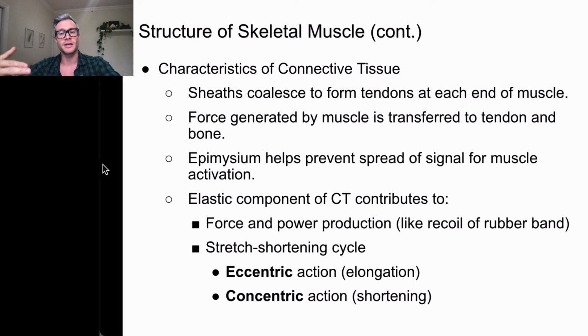So it has, again, that shock absorption through that elasticity. That gives two helpful components to the structure of tendons. One is the force and power production. If you think of an elastic, you stretch out a rubber band and you let it recoil back, that's going to add force to whatever movement you're doing.